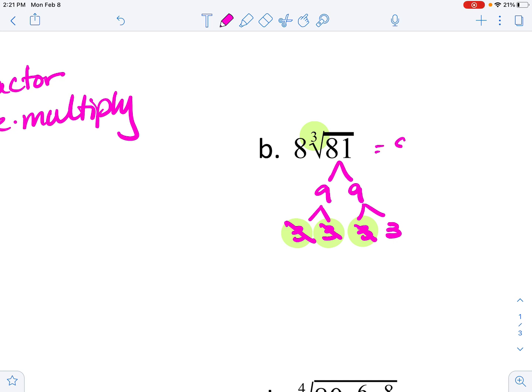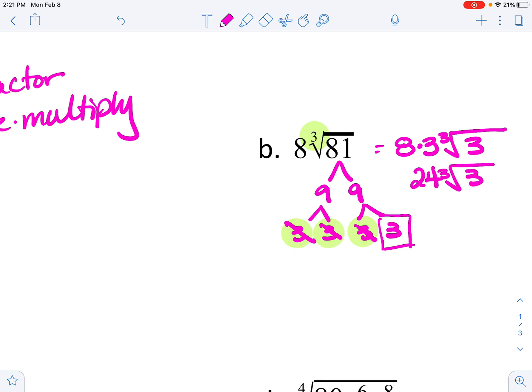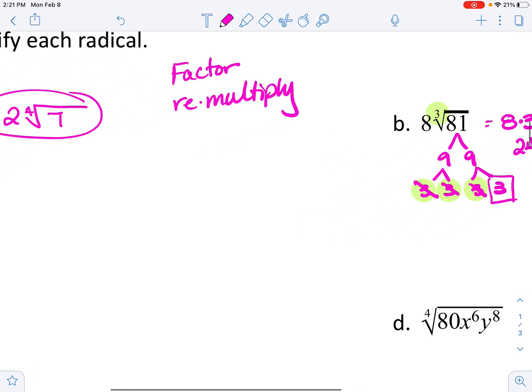So that means I have 8 times, we have our 1 3 that comes out. And then this stays inside the radical with the cube root. 8 times 3 is 24. So this would be 24 cube root of 3.